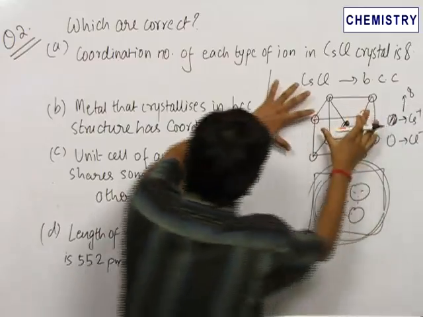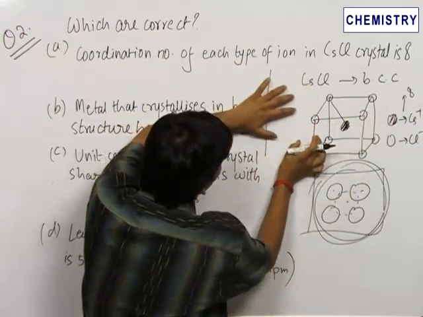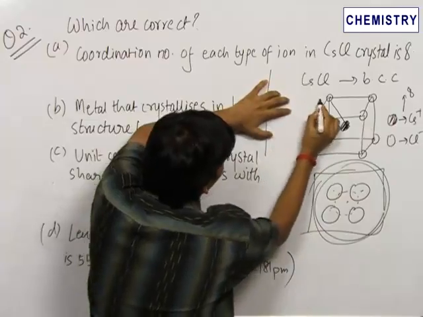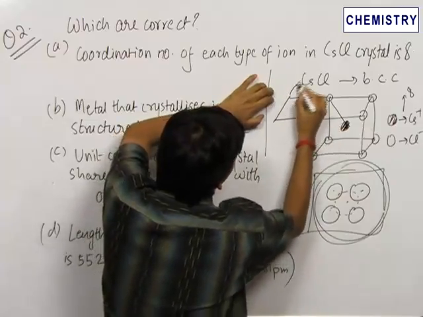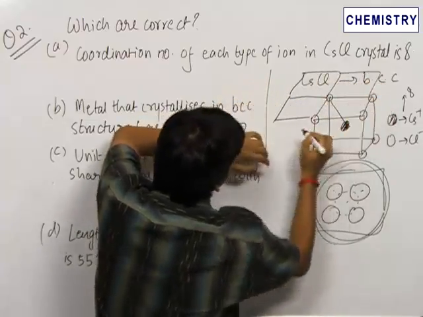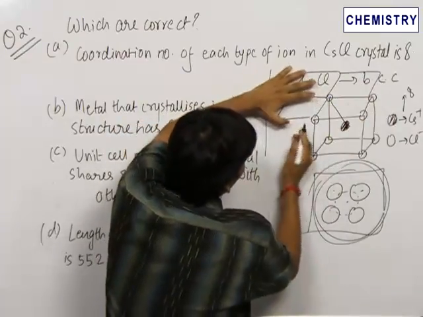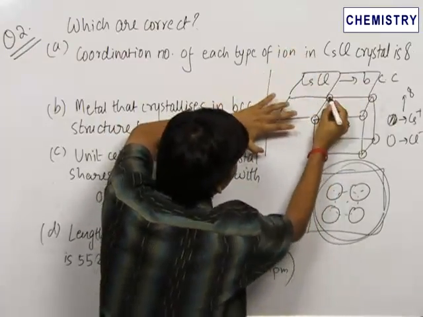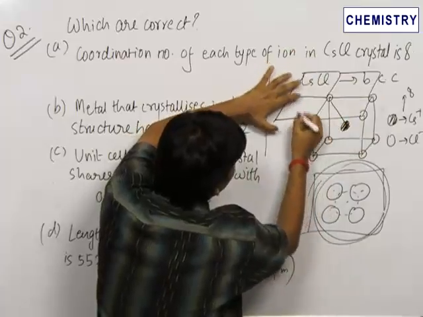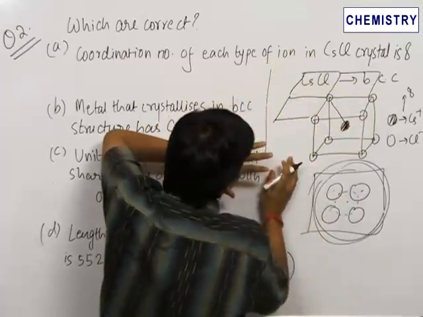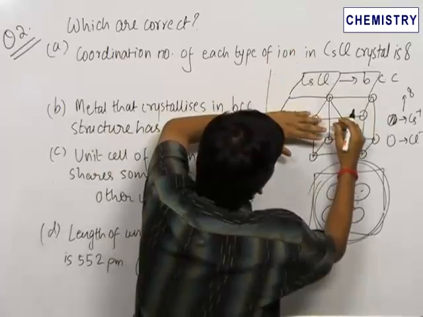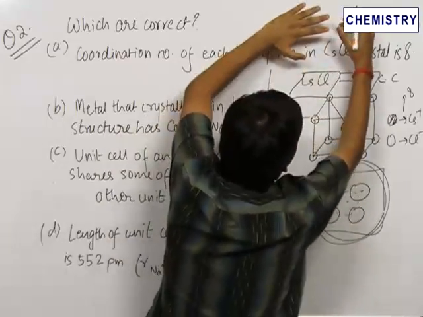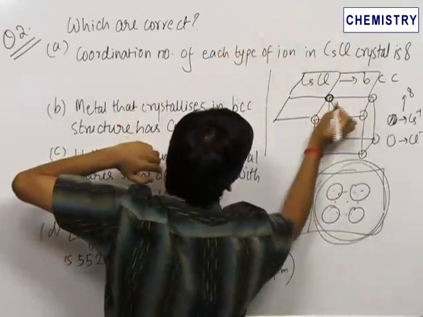Now, just like this unit cell, there will be another unit cell beside this, like here and here and here in the downward direction. So for all these 4 unit cells, this Cl minus ion will touch the Cs plus ions in all these 4 unit cells. Now above these 4 unit cells, there will be another 4 unit cells which will have this as a corner atom again.